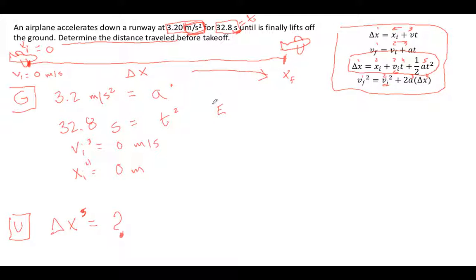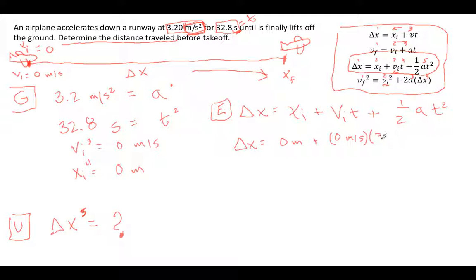So that equation says that delta x equals x initial plus velocity initial times time, plus 1/2 a t squared. Okay, so now we can just plug in our numbers. X initial equals 0 plus vi times t. Vi equals 0.